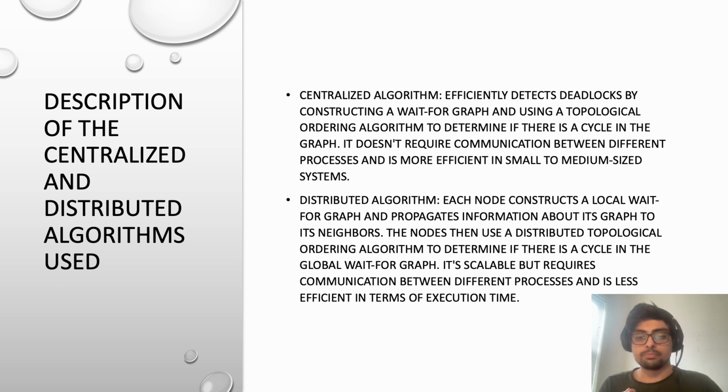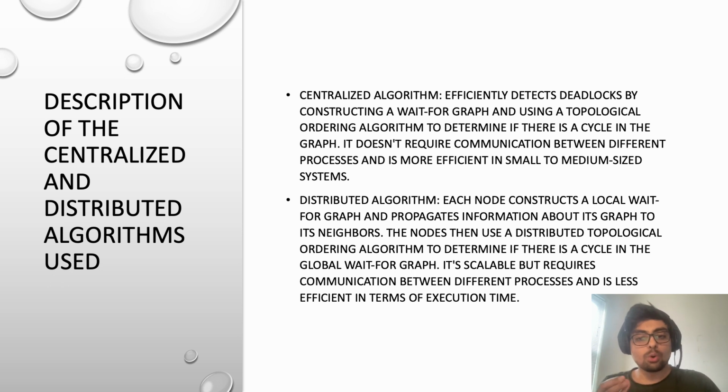We used a modified version of Banker's algorithm, which simulates the allocation of resources to processes and detects deadlock if progress cannot be made. For the distributed algorithm, we use the Chandy-Misra-Haas algorithm, also known as the CMH algorithm, which uses a token passing mechanism among the processes to detect deadlock.